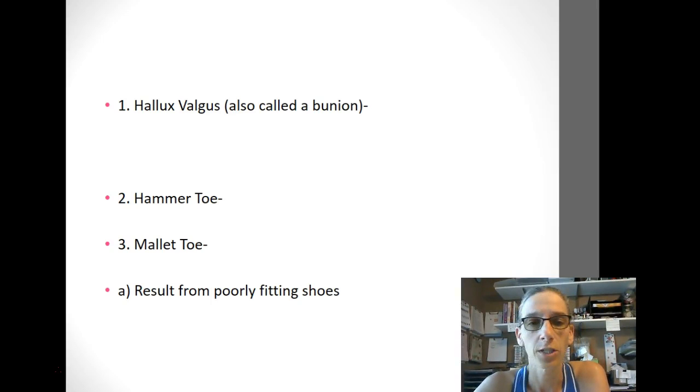All right, then we've got hammer toe, which is a flexion deformity of the proximal interphalangeal joint, and it may involve several toes. We've got mallet toe, which is a flexion deformity at the distal interphalangeal joint. Any of these can result from poorly fitting shoes. It can also be from arthritis, and it can be hereditary, which is unfortunate, as my children have inherited it from me.